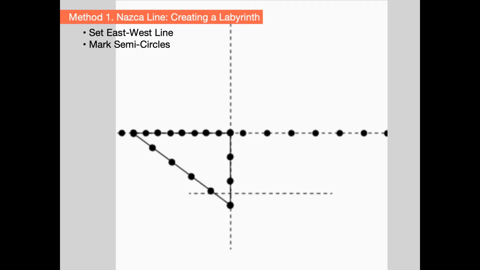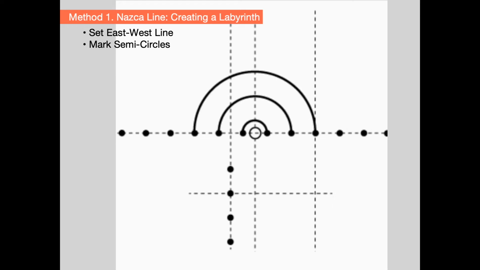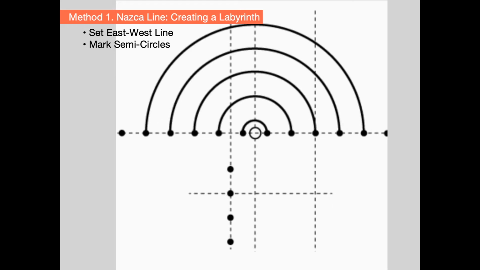Starting with a 3-4-5 triangle to create right angles to the shadow line, this is a visualization of the same approach, but in this case to create a labyrinth.